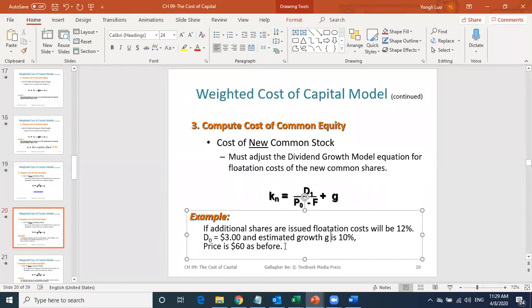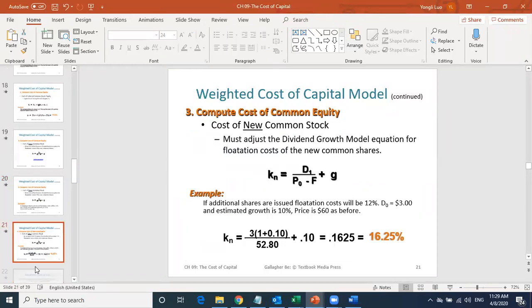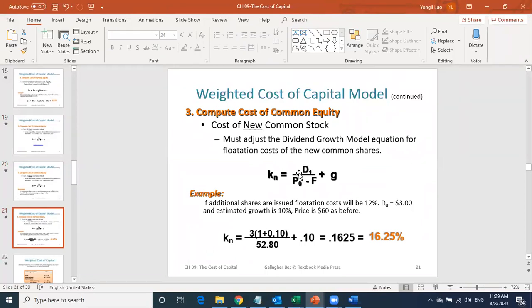The stock price is $60 at present. So you can calculate D1 as the current dividend D0 times 1 plus G%. That's how you get D1.